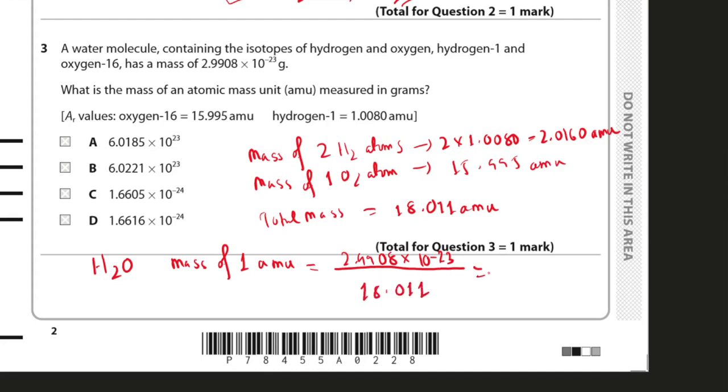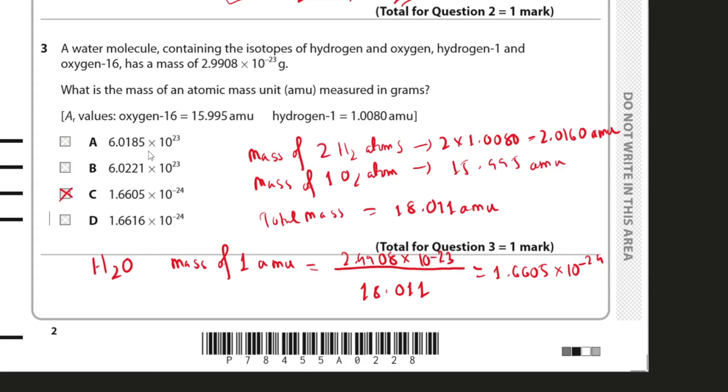So if you solve it, what we get is about 1.6605 times 10 to the power minus 24, which would eventually lead us to option C right here.